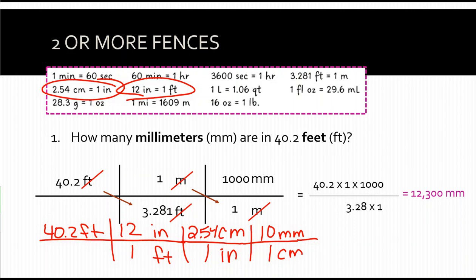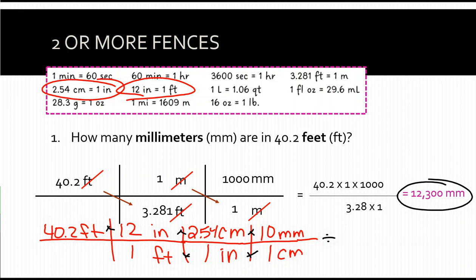And then you would just do the same thing. You would multiply everything on the top, multiply everything on the bottom, which is easy because those are all ones, and then just divide by 1. And what you would get is 12,300 when it's rounded to 3 significant figures.